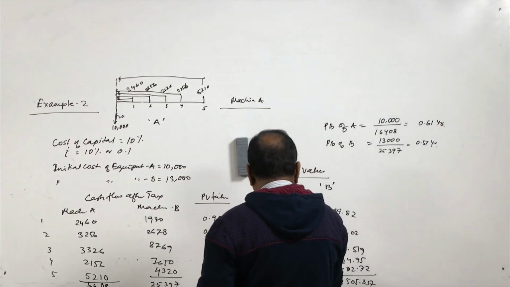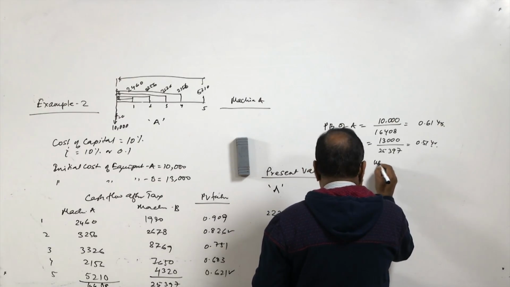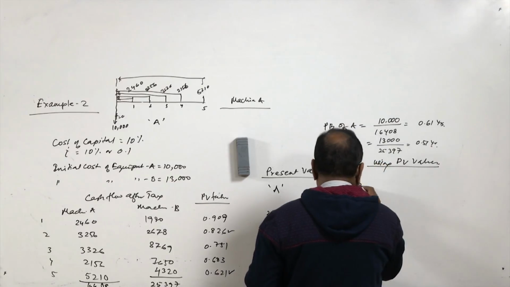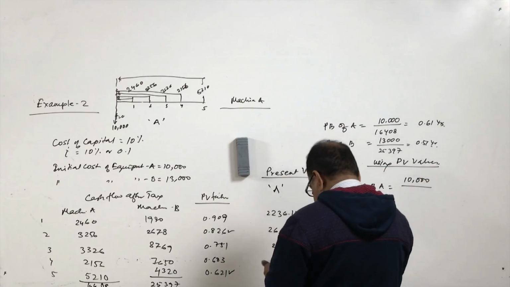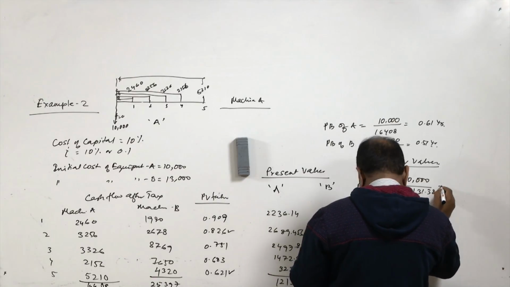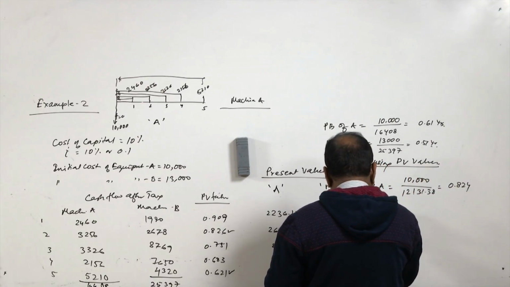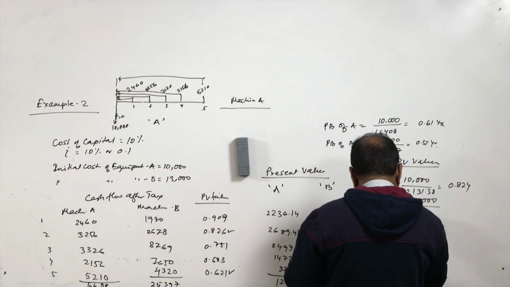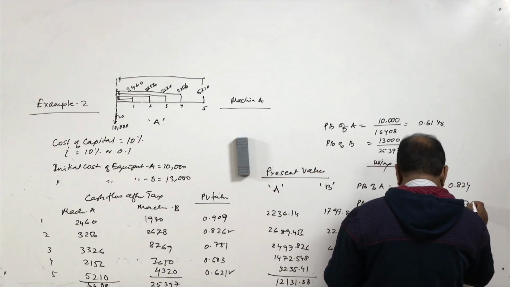And if I use the discounted values, the present values, then PB of A is equal to 10,000 divided by this value, 12131.38, which comes to be 0.824, and PB of B is 13,000 divided by this value, 18,505.037, which comes out to be 0.703.